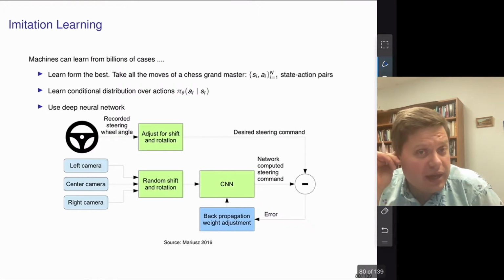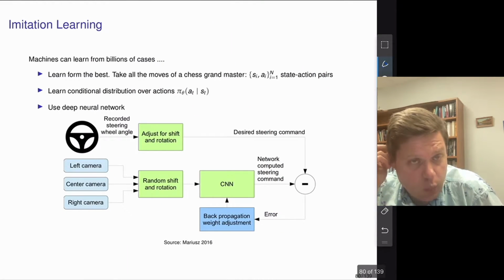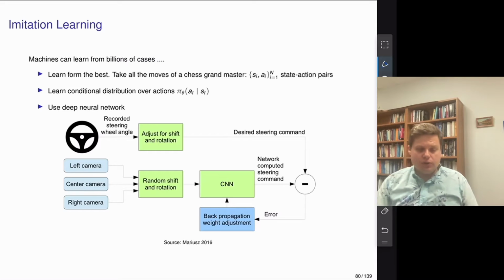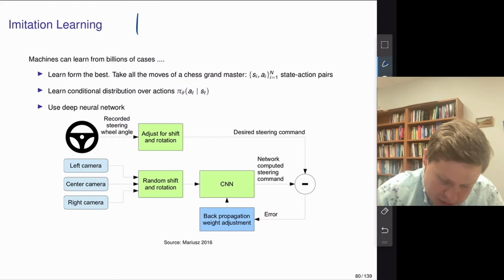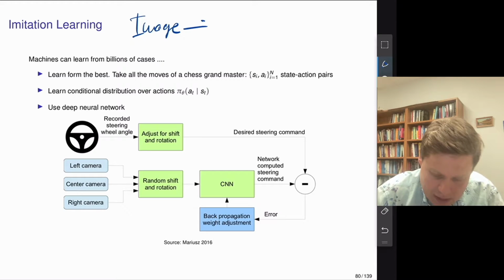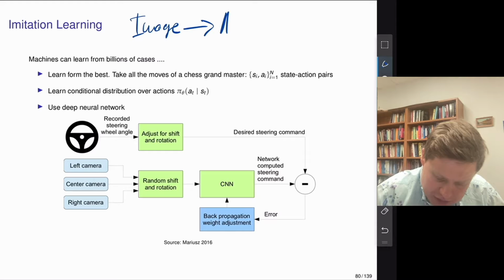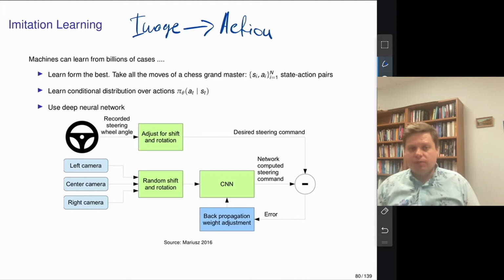And one of the ways to learn what to do is what is called imitation learning, and it works the following way. So you basically take an image from the camera, and then you convert it into action. And you learn this pair from the observed actions of a human driver.